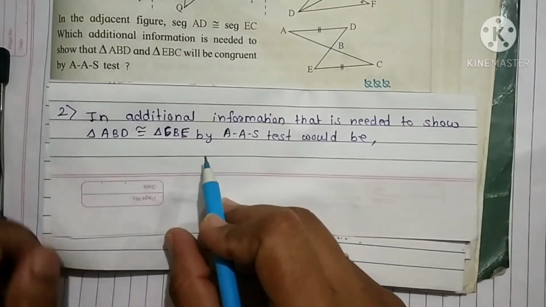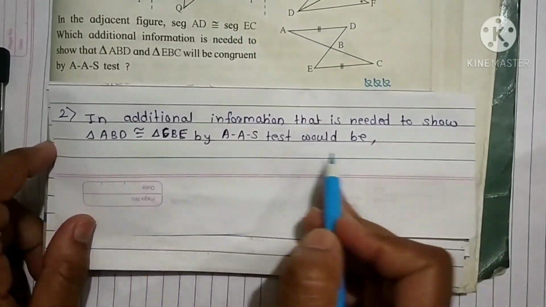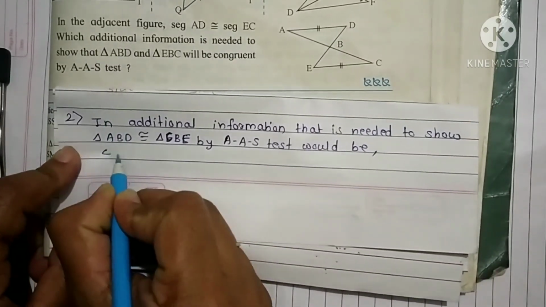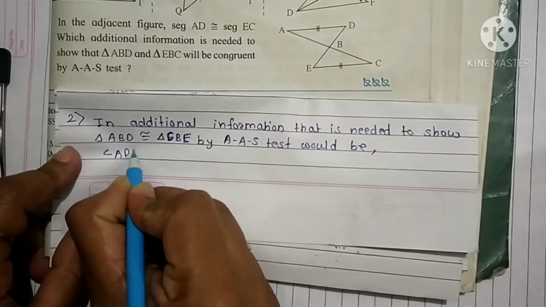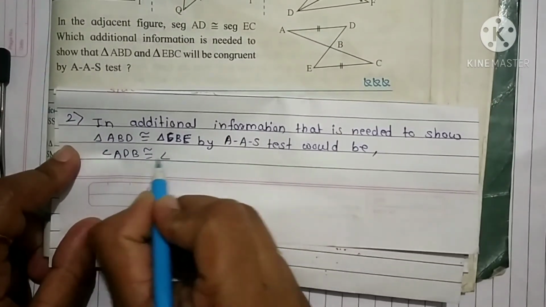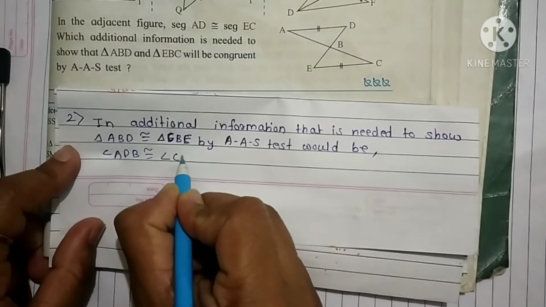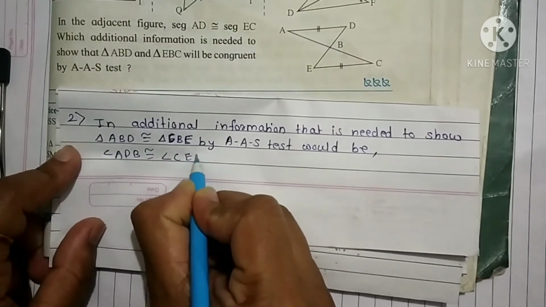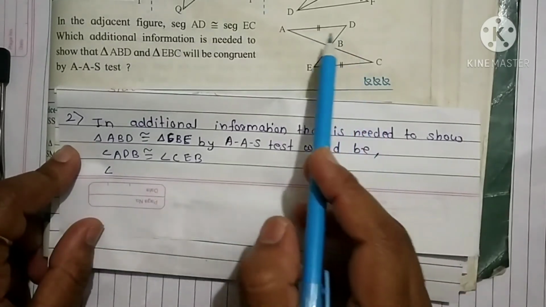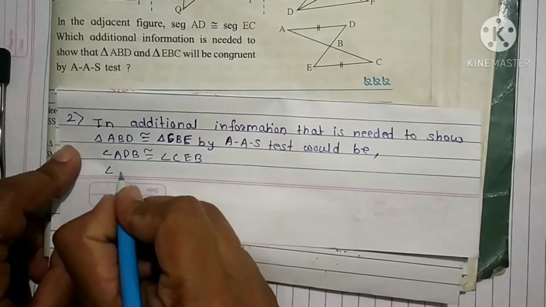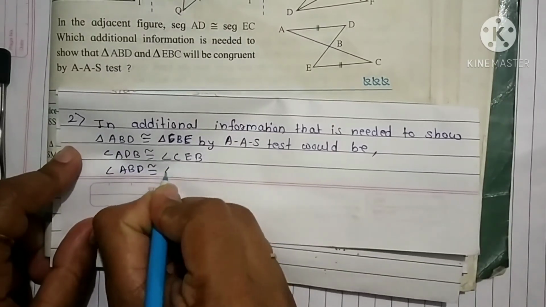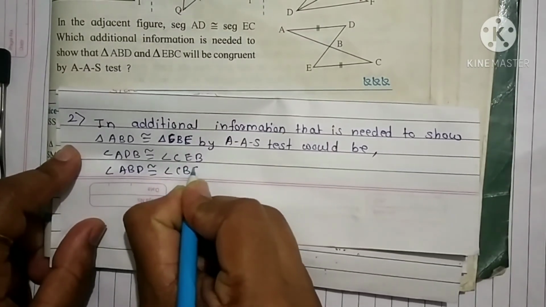As per our test, segment AD congruent to segment EC is already given. So the additional information would be angle ADB congruent to angle CEB and angle ABD congruent with angle CBE.